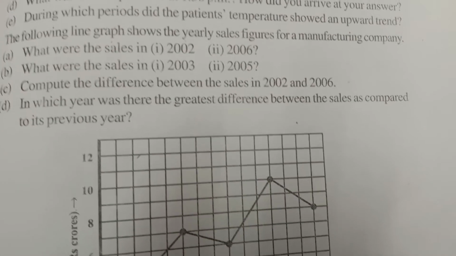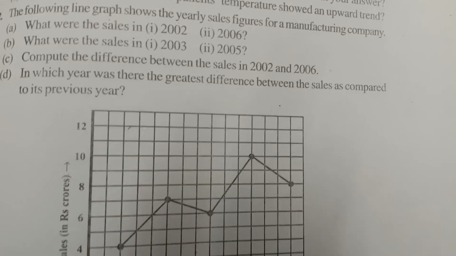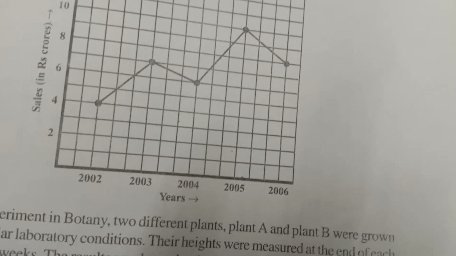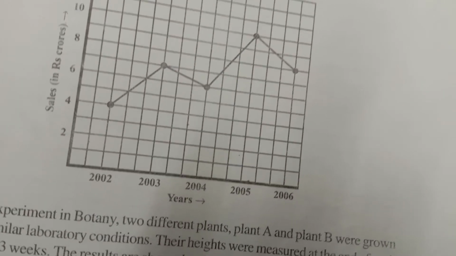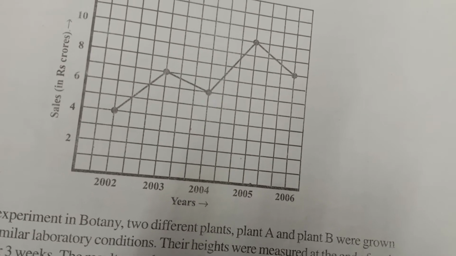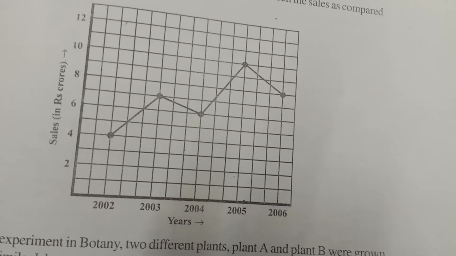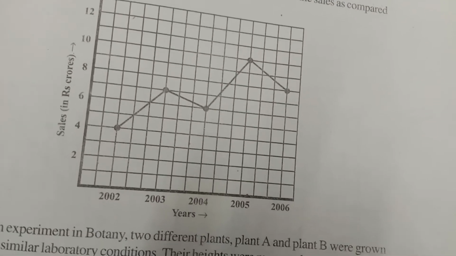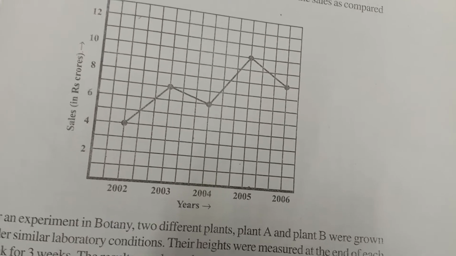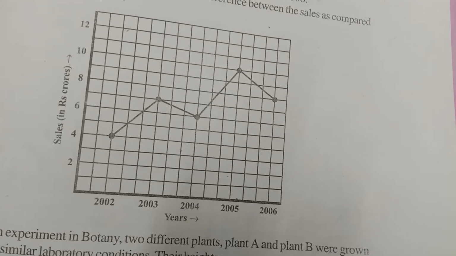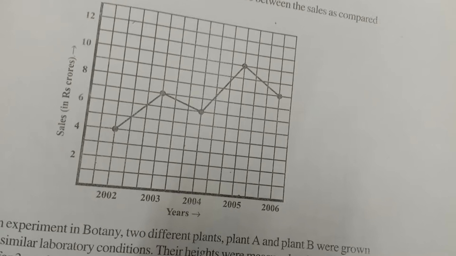Now D bit. In which year was there the greatest difference between the sales as compared to its previous year? So find the differences between the two consecutive years. 2002 and 2003: in 2003 it is 7 crores, in 2002 it is 4 crores, 7 minus 4, 3 crores. 2004 and 2003, 7 minus 6, 1 crore. 2004 and 2005, 10 minus 6, it is 4 crores. 2005 and 2006, it is 10 minus 8, 2 crores.